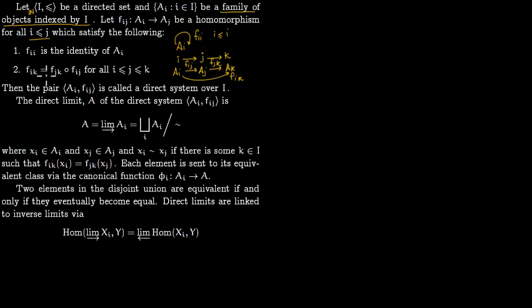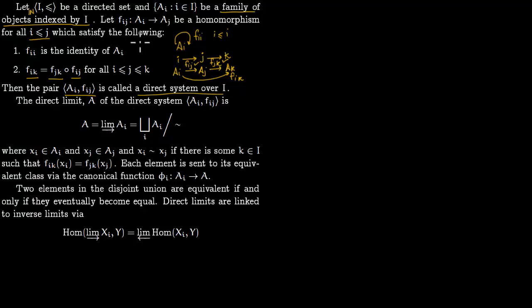And this is precisely what is written here. You first apply Fij, then you apply Fjk. Composing these two is equal to composing directly, that is Fik. So that is it. Obviously all these sets indexed by I and mapped like this is called a direct system over I.